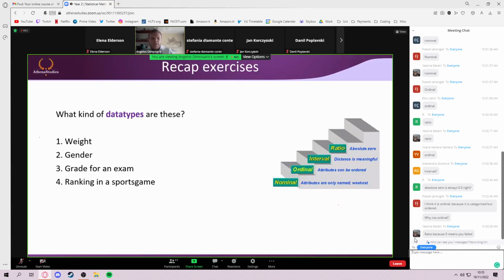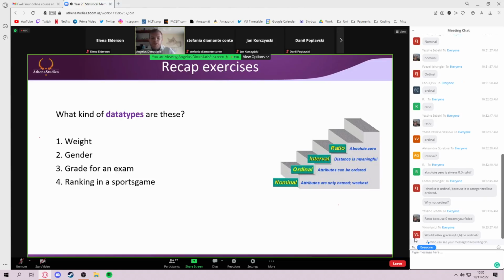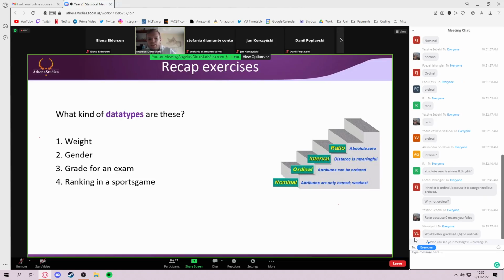And when it comes to ranking in a sports game, what type of measurement level is this? What about letter grades? A plus, A, B, ordinal.